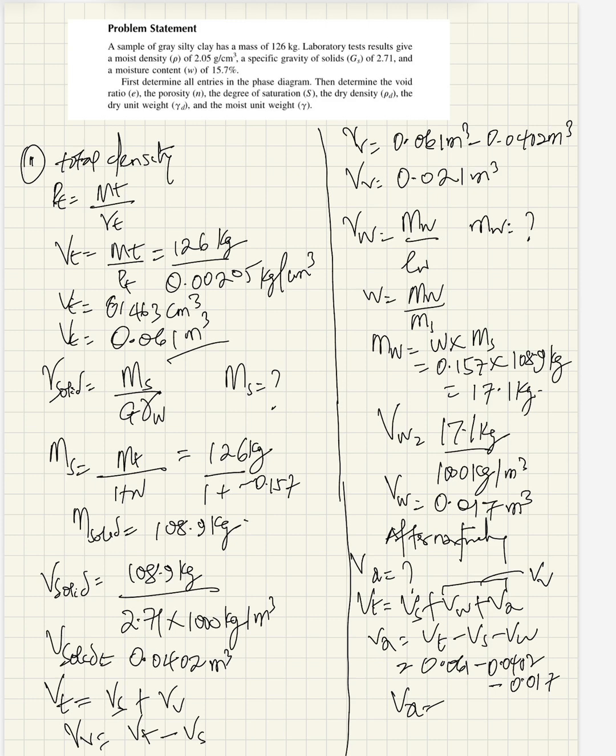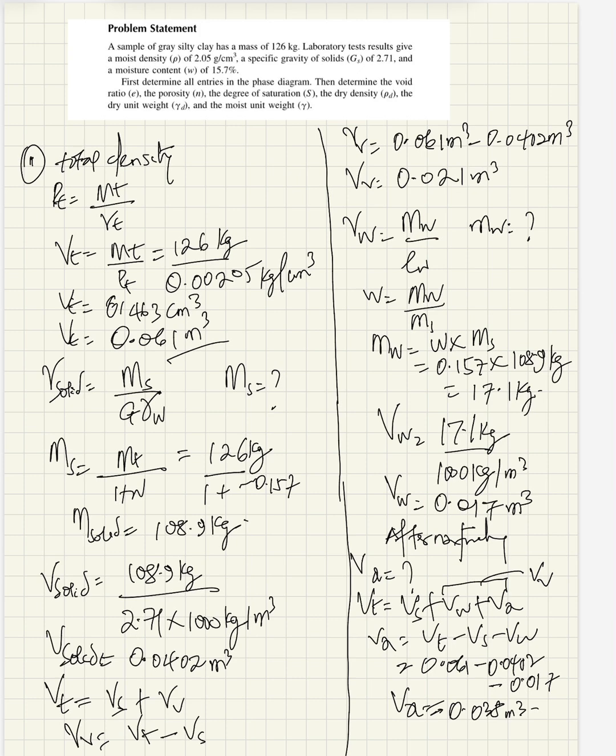Based on my calculation, volume of air gives us 0.038 meter cube. That's the volume of air.